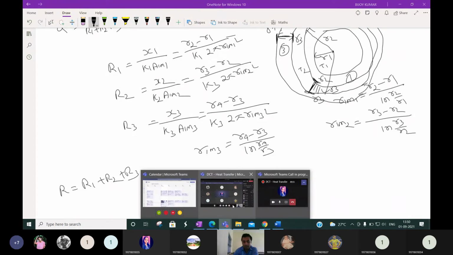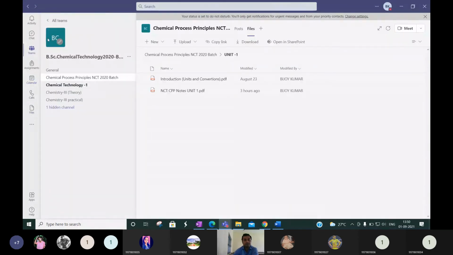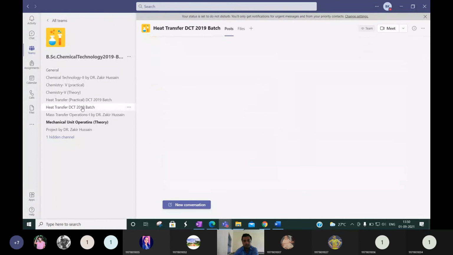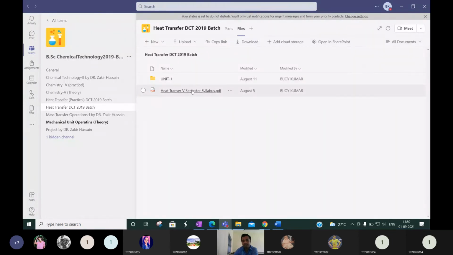Okay, let me show you in Teams. Please go to Teams. 19 batch. Under heat transfer, go to files, and the first one is the heat transfer syllabus.